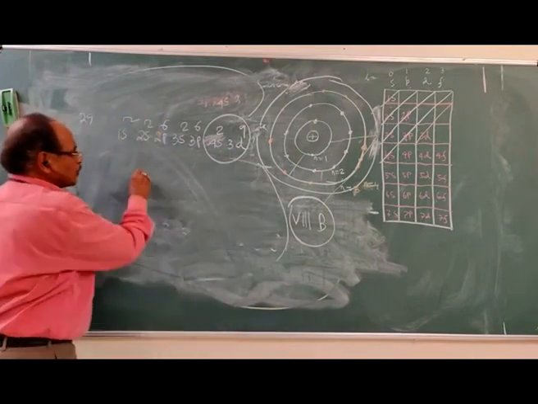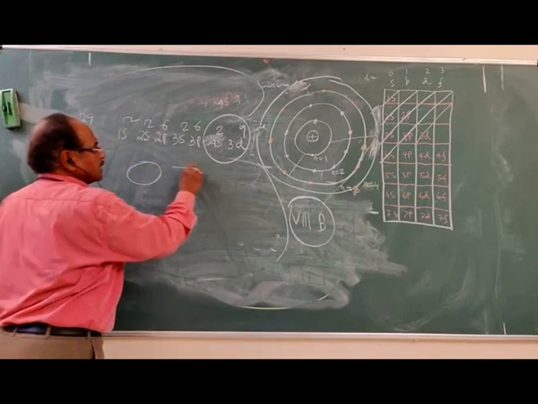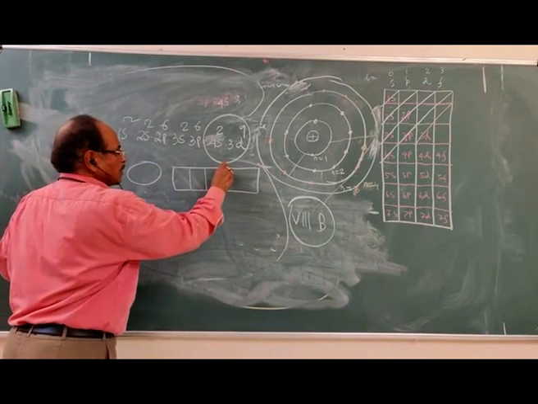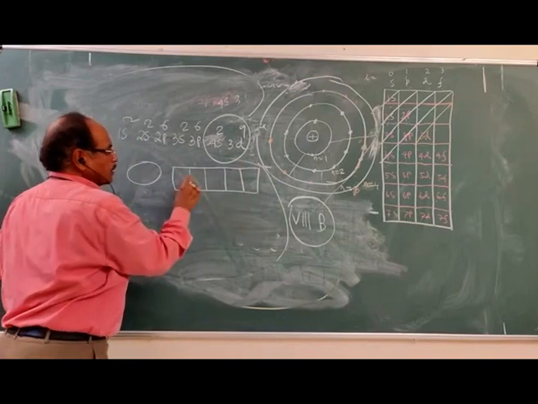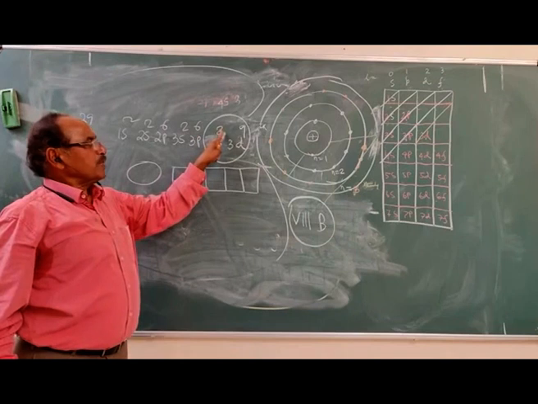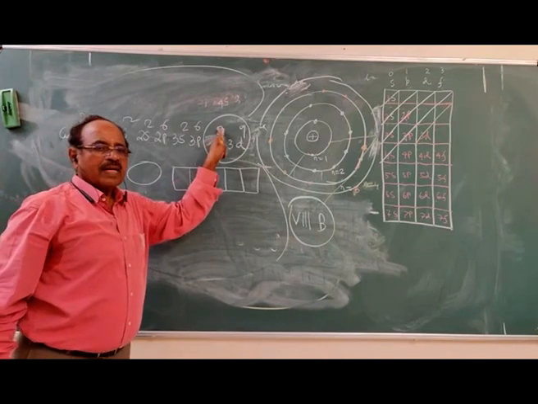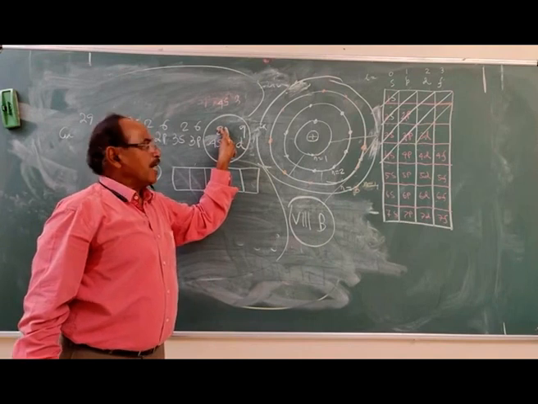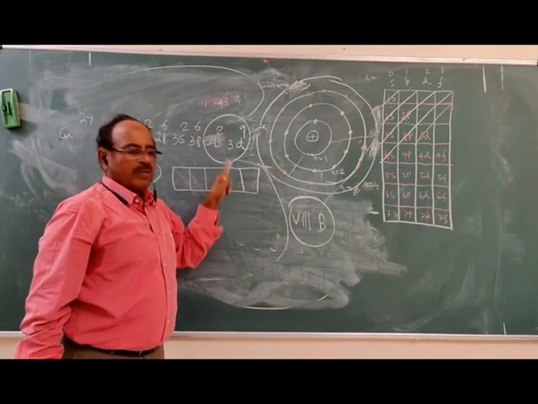Why? If you come to this 4s and this 3d, how many electrons are here? We have 11 electrons, and how many orbitals?